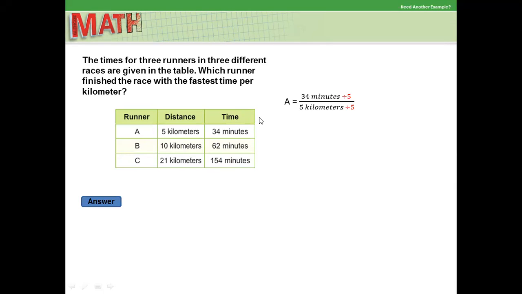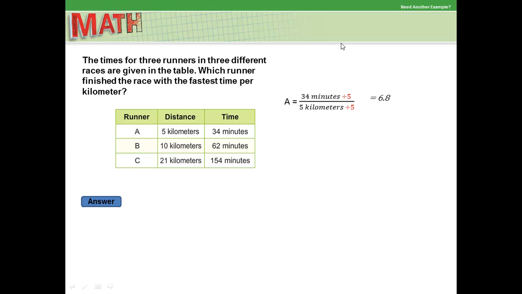So we have to calculate the first rate, which is runner A. Its rate is 34 minutes divided by 5 kilometers. So, as I said yesterday, the denominator should be 1. So I will divide it by 5 on both sides of the fraction. So it's 6.8.